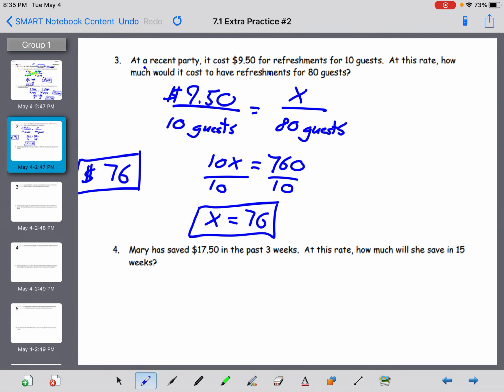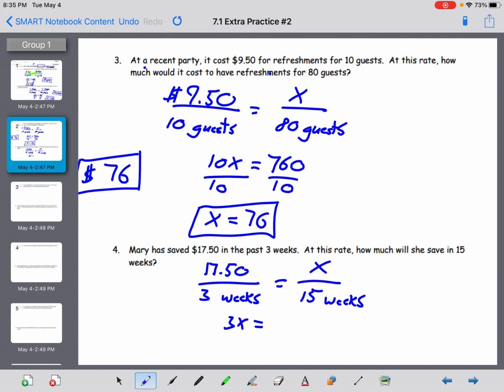Mary has saved $17.50 in the past 3 weeks. At this rate, how much will she save in 15 weeks? Okay. You're going to cross multiply here. 3 times x is 3x. And then we need to multiply 1750 by 15.